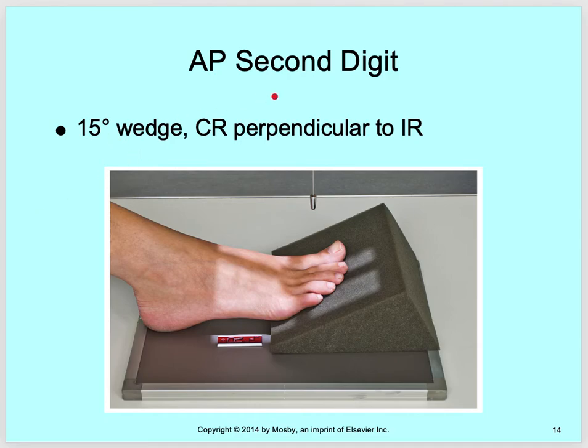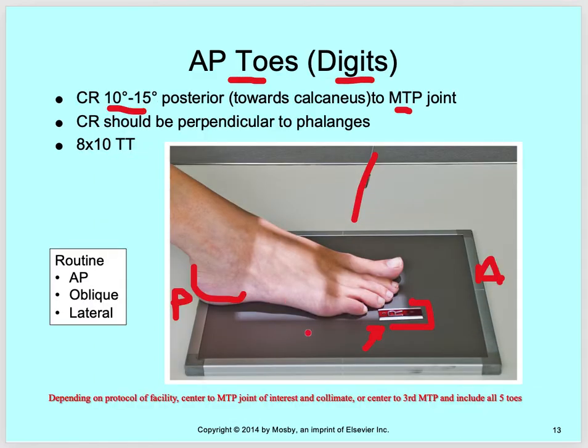So you can also do, if you're doing digits, so this is an AP second digit, you can use a 15-degree wedge, which they have here, and then you're not using the angle. So you only use the angle if you're not using a wedge.